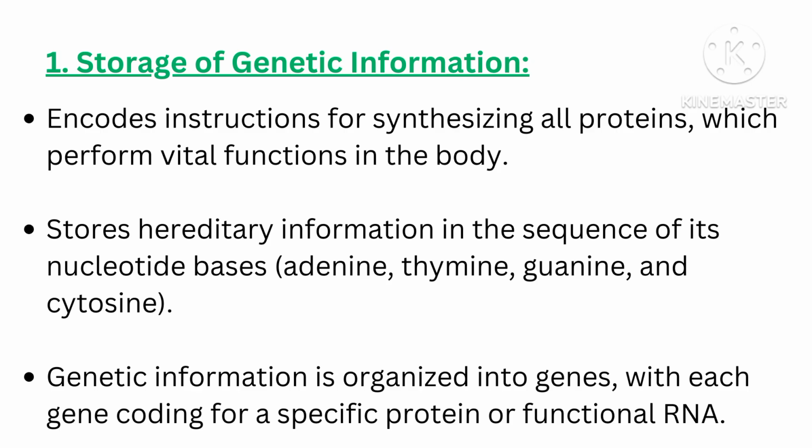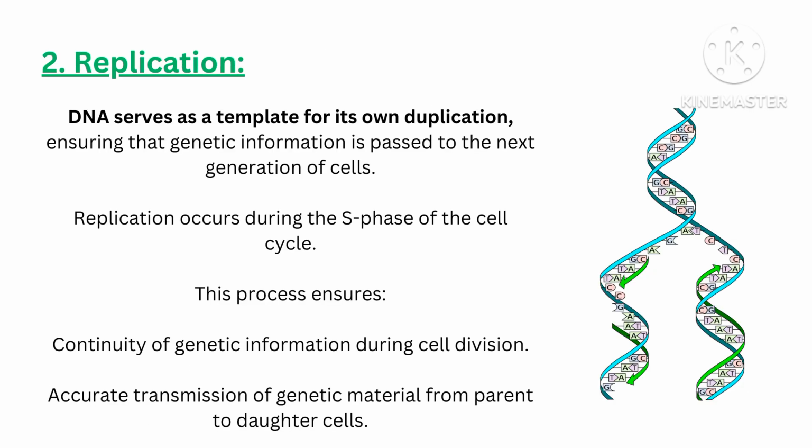Stores hereditary information in the sequence of its nucleotide bases, adenine, thymine, guanine, and cytosine. Genetic information is organized into genes, with each gene coding for a specific protein or functional RNA.